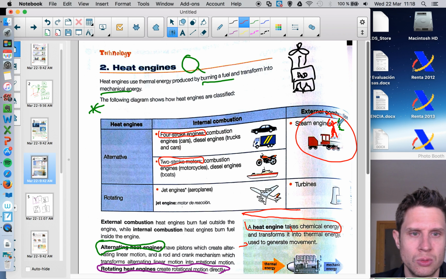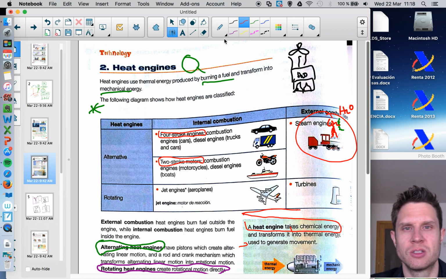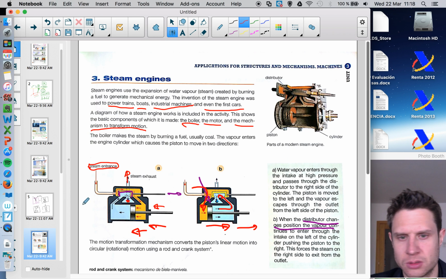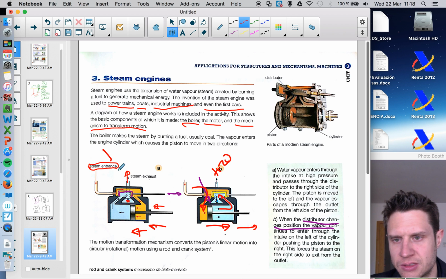This is CO2, and this is water. When the smoke is very white, it is water. But to obtain this steam, we have to burn coal.